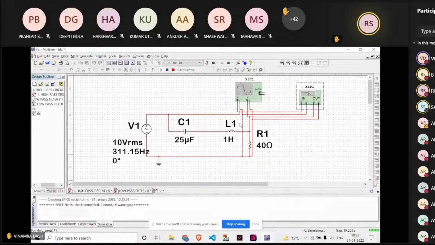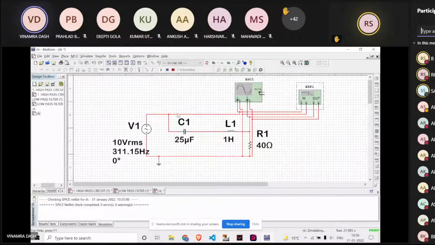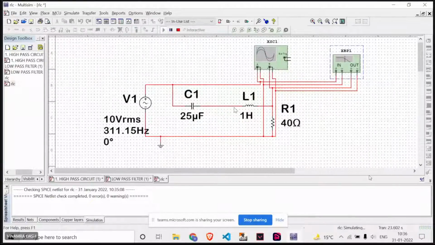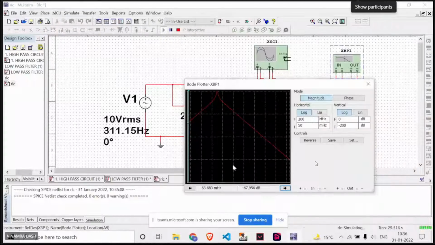Ma'am, is it visible? Yes, it is. So, ma'am, my resonant frequency is 31.14 hertz, and I have assumed my inductor's value to be 1 Henry, and accordingly, I am getting this voltage plot and frequency plot.